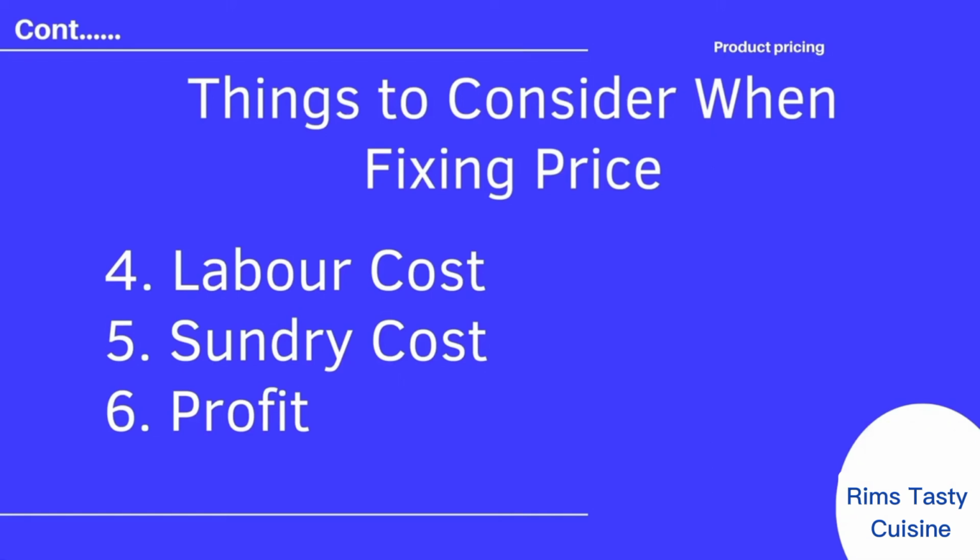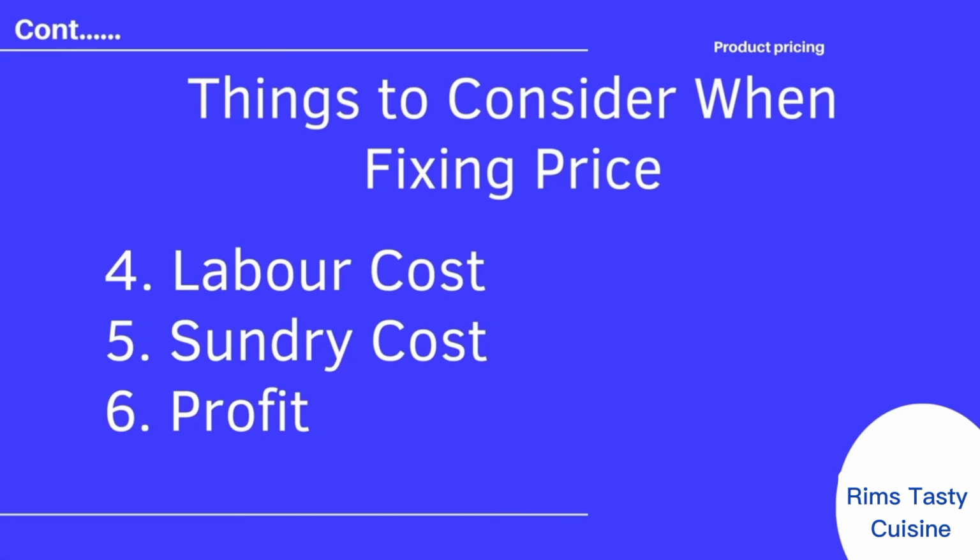Then you can multiply this, let's say, by 1.5, by 2. It just depends on how much you want to add. Let me say 600 times 2. I can multiply by 2, and that will be my total cost.